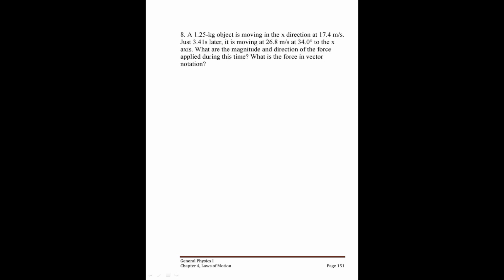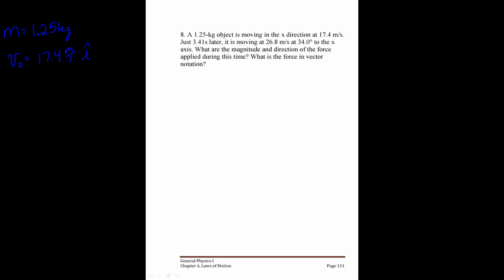This is similar to what we've done, but now it's extended into more than one dimension. So my mass is 1.25 kilograms. I'm going to write it over here to the side. It's moving in the x direction initially, so this is my v naught at 17.4 meters per second.